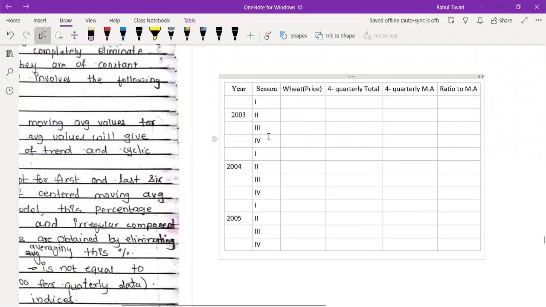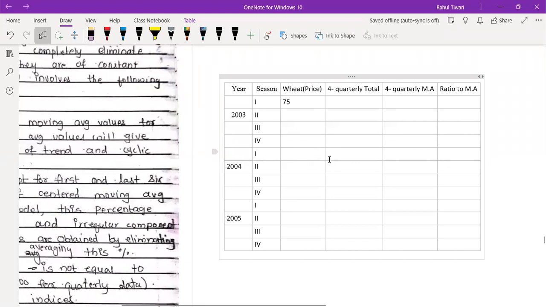So this is my actual data. Once you get this, you need to write all the wheat prices, which I think are 75.